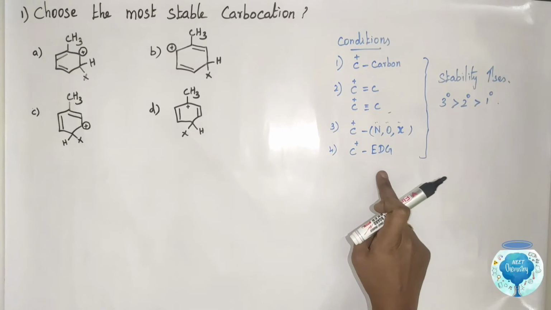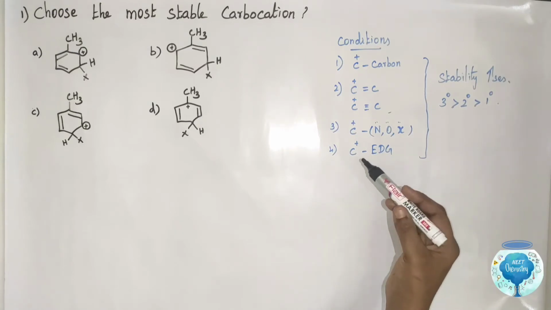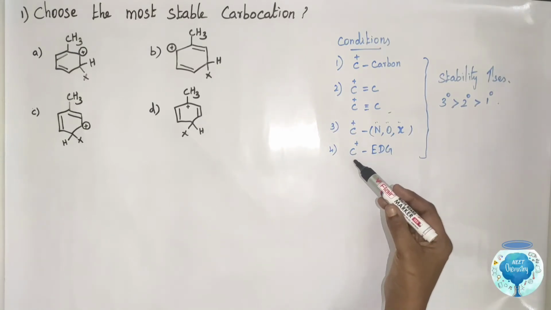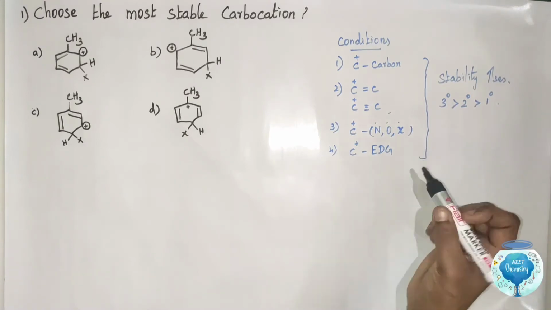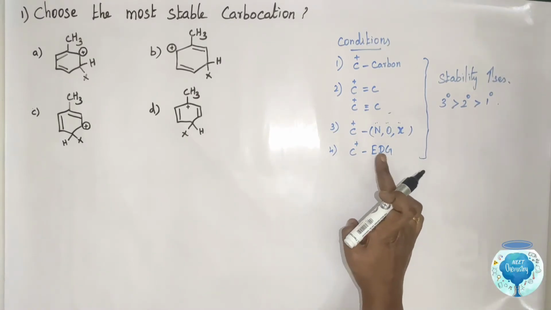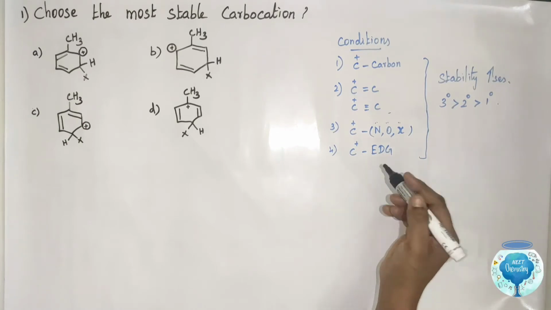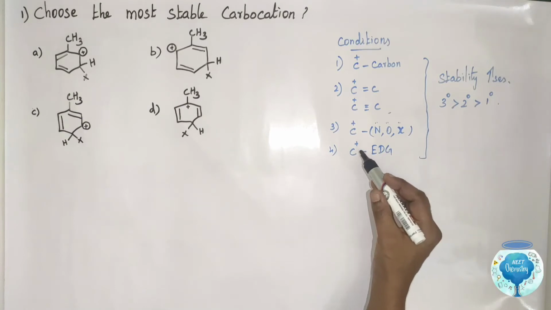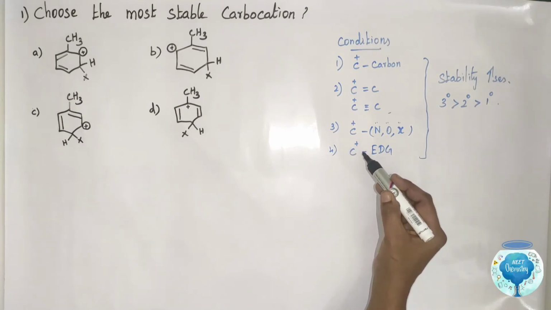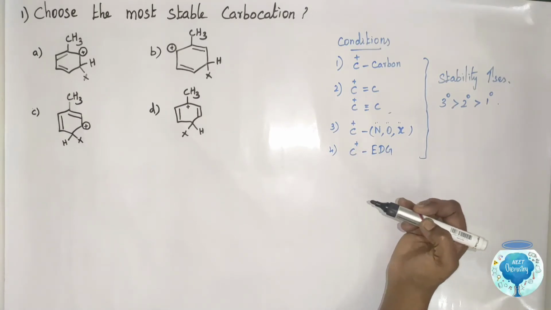If an electron withdrawing group is present, the charge of the carbocation is diminished. So it is unstable. The electron donating group donates electrons towards the carbocation, the charge on the carbocation decreases, and stability increases.